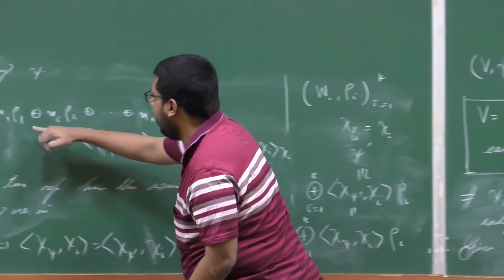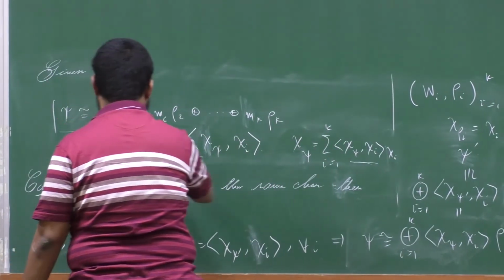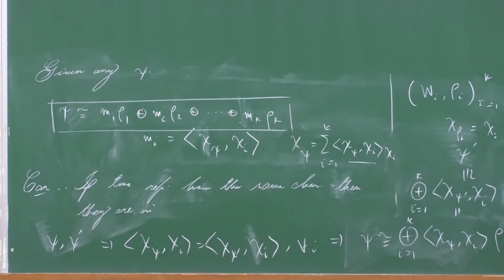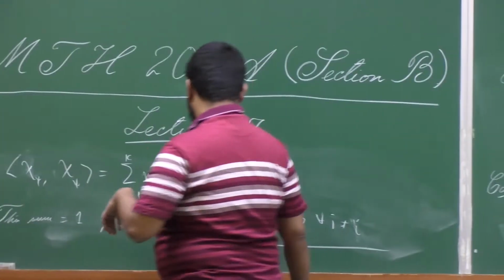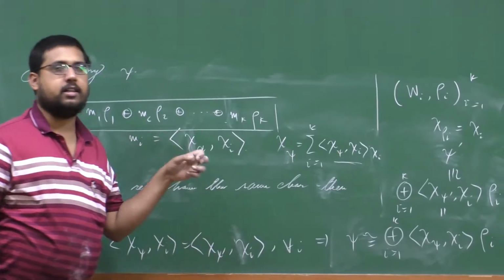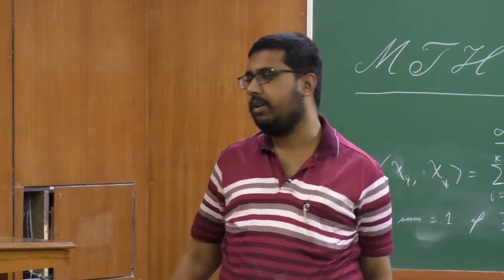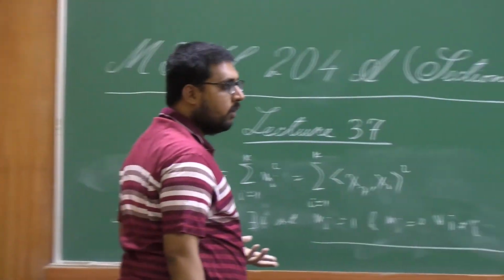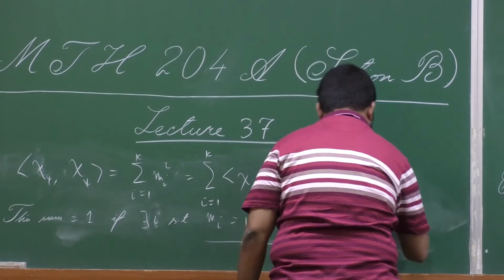So if one of these mi's is 1 and the rest are 0, then psi becomes isomorphic to that particular rho i. So if this happens, then psi is irreducible.